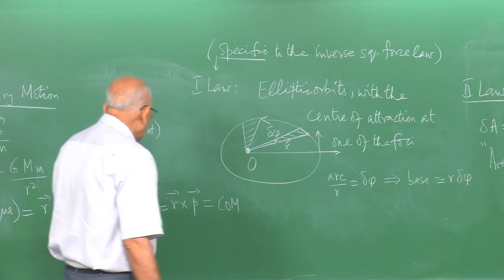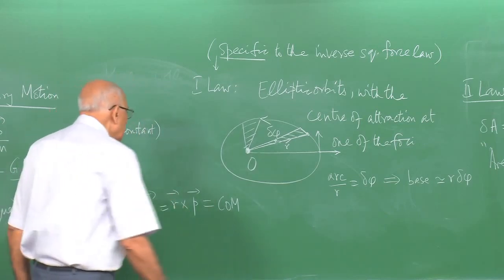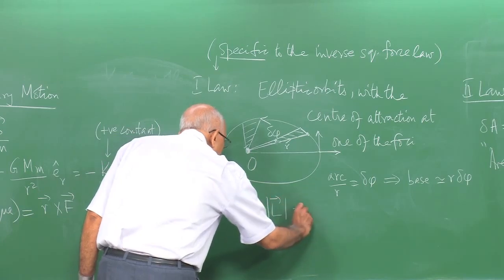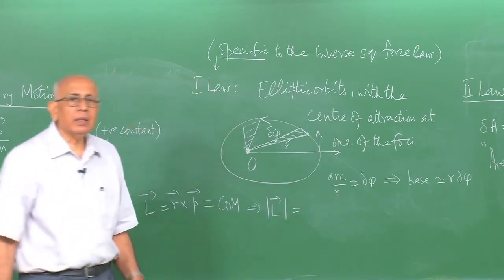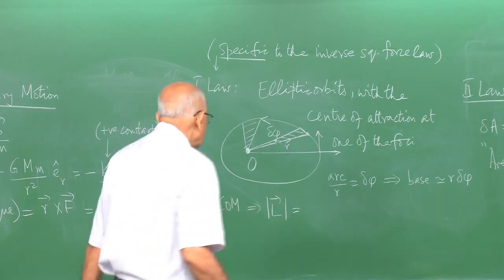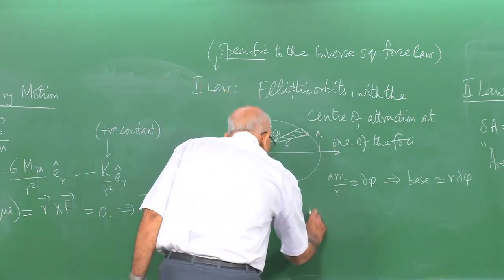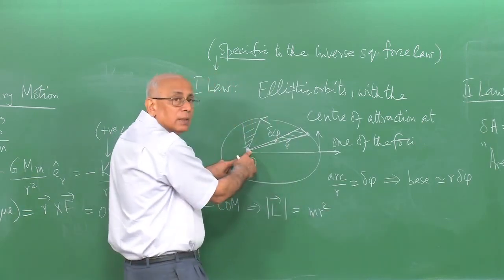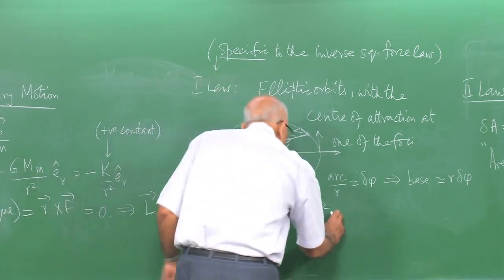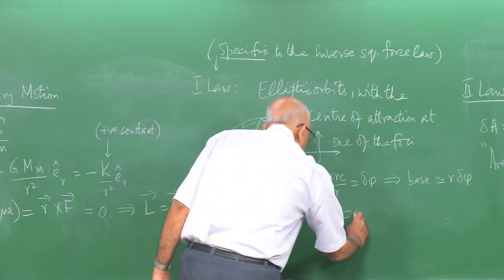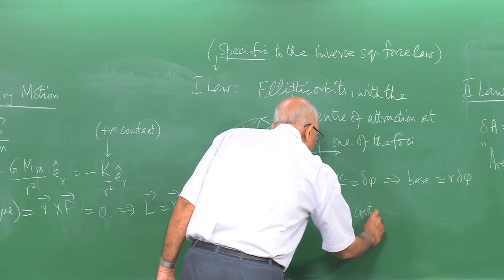On the other hand, what's the orbital angular momentum? In magnitude, the magnitude of L is equal to the moment of inertia multiplied by the angular speed. And the moment of inertia is m times r squared with respect to the origin, multiplied by omega. And this is a constant in time.